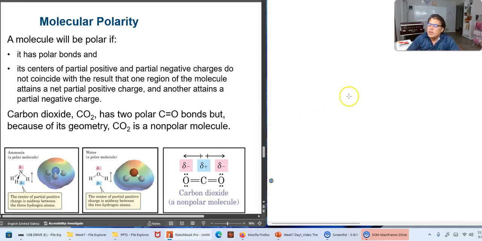The electron cloud is pulled toward oxygen, so oxygen is delta negative and the hydrogens are delta positive. One force goes like that, the other like that, so the resultant is not zero. That's why water is a polar molecule.